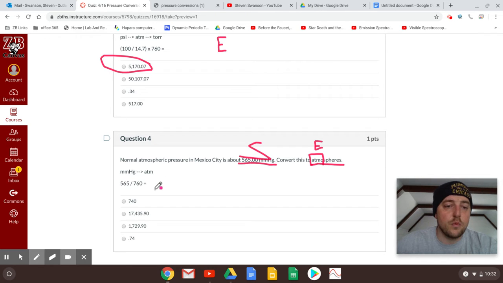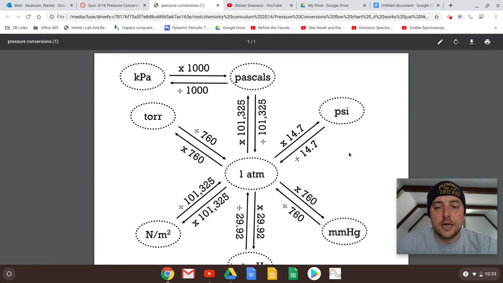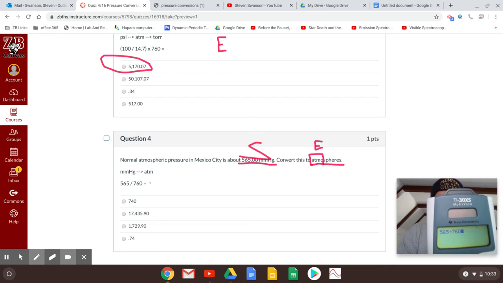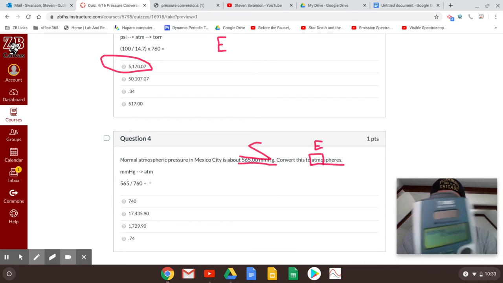It's showing a one-step problem. Let's check. mmHg to atm is a one-step problem. We divide by 760 with the given number. The given number is 565. So 565 divided by 760. That's what should be on your calculator. And you get 0.743, which is just 0.74.